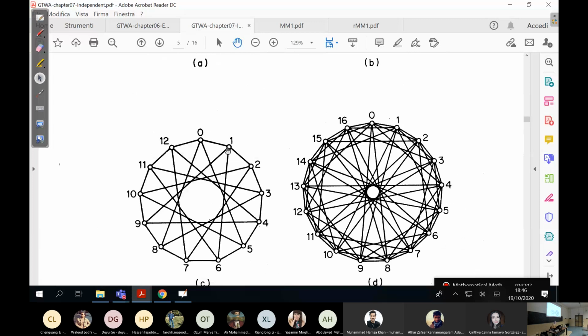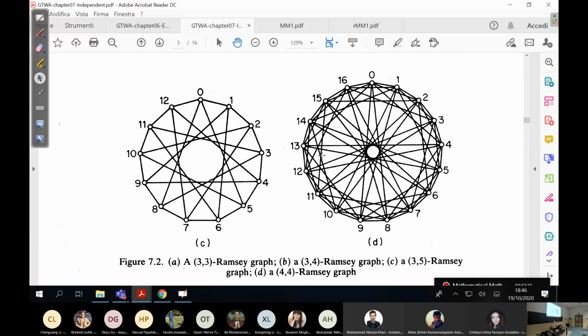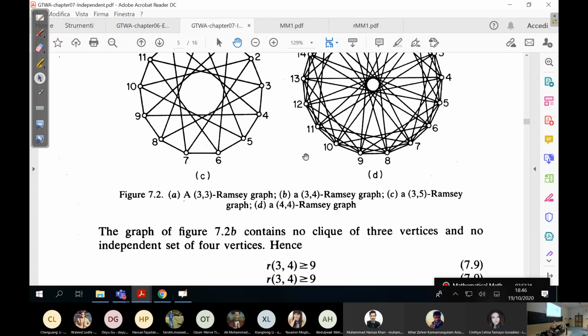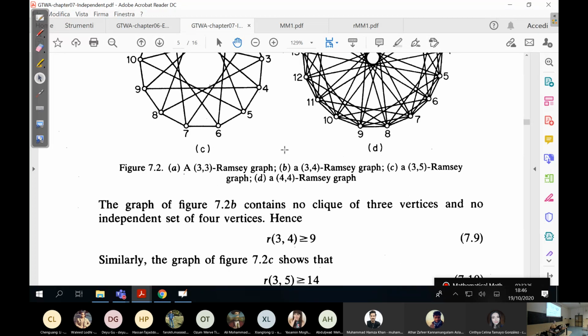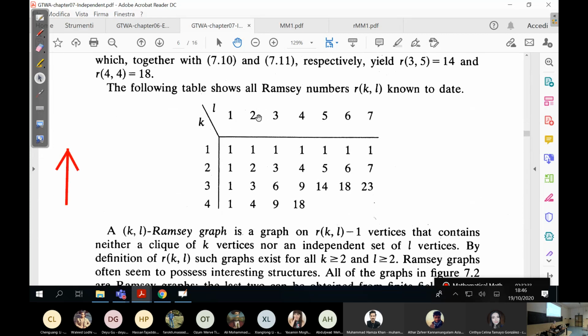But then you can use other Ramsey graphs out of which you can see that certain Ramsey numbers necessarily are greater than or equal to certain numbers, and in this way, more or less, you get these numbers. I think this is extremely interesting because it tells you once more that you are not as free as you could imagine when you draw a graph.